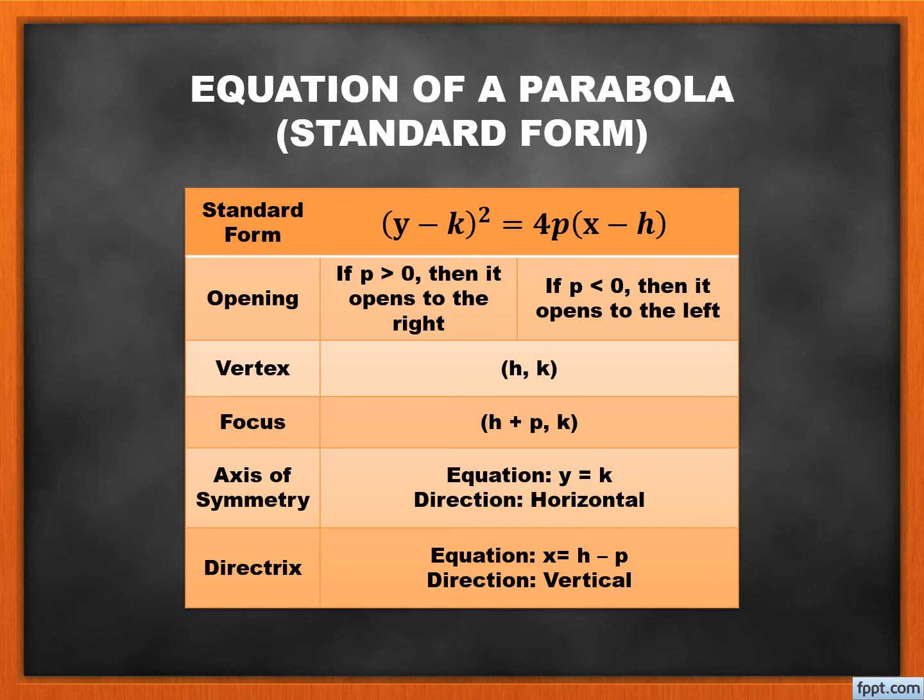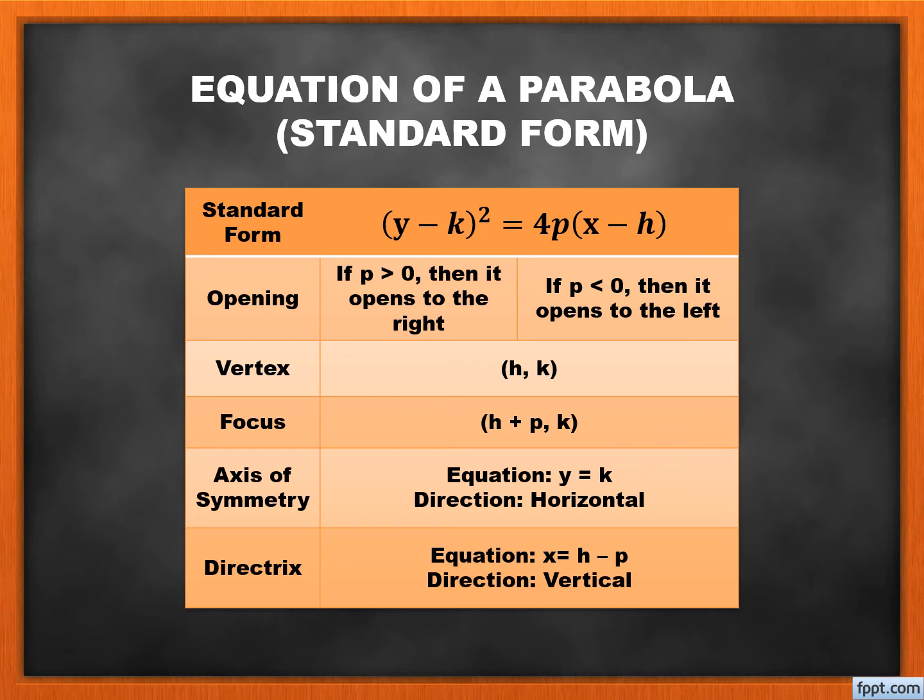So there are two possibilities if we have the square of y in an equation. It is either opening to the right or opening to the left. It depends on the value of p. If p is greater than 0, it opens to the right. If p is less than 0, then it opens to the left.